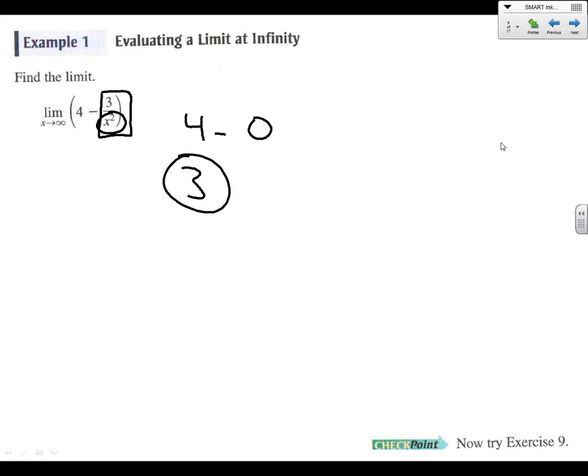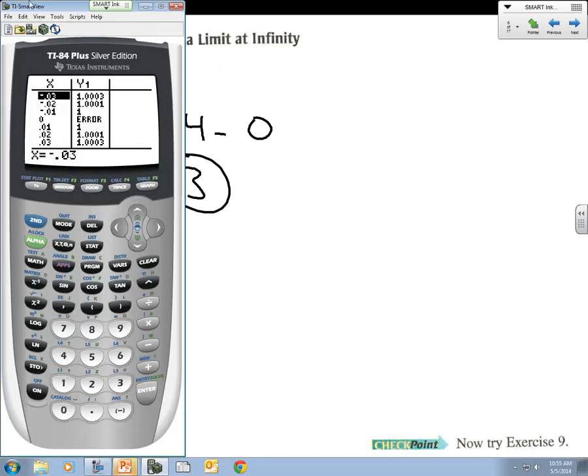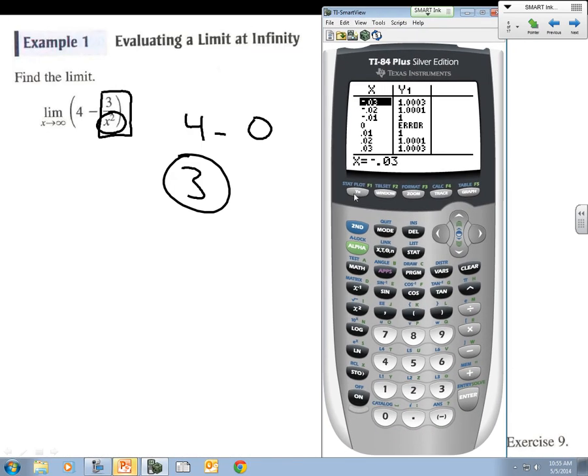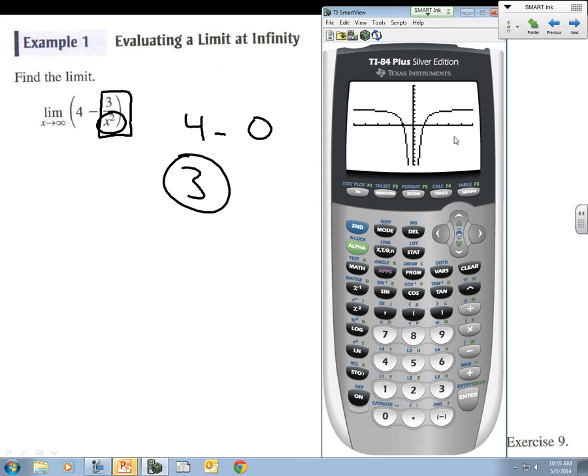All right. Now we could graph this and take a look at what the graph looks like as well, just for verification purposes. So y equals 4 minus, in parentheses, 3 over x squared. I'll close my parentheses and graph this. All right. So as we go towards infinity, this line right here is y equals 3.